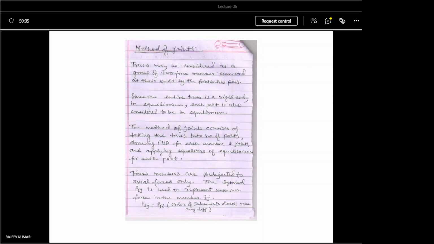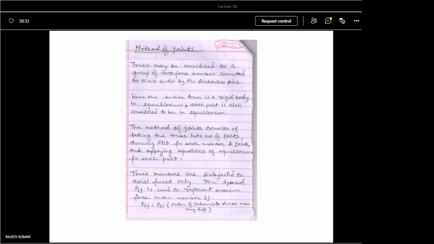So truss members are subjected to axial force only. The symbol Pij is used to represent the unknown force in the member, starting from joint I and directing towards joint J. So Pij and Pji both are the same.